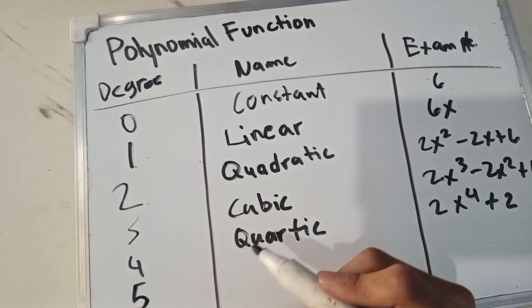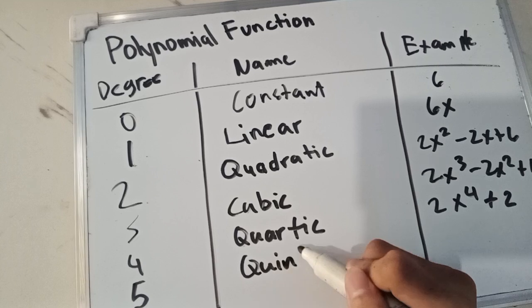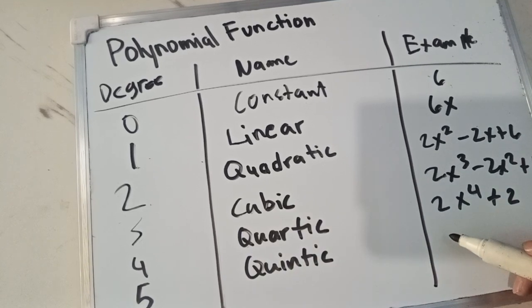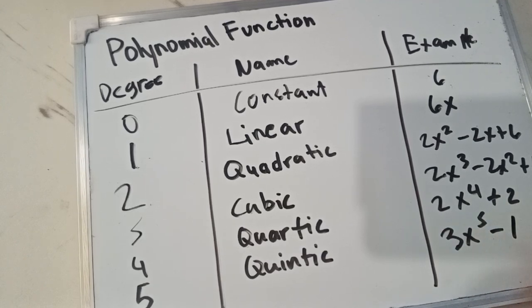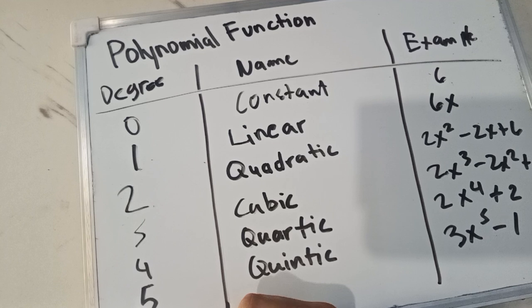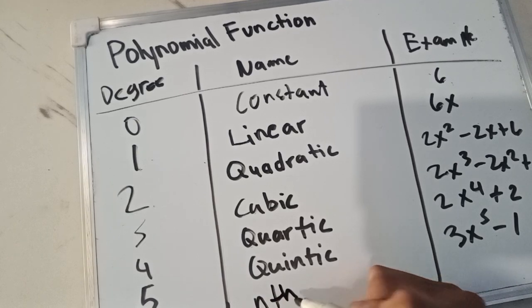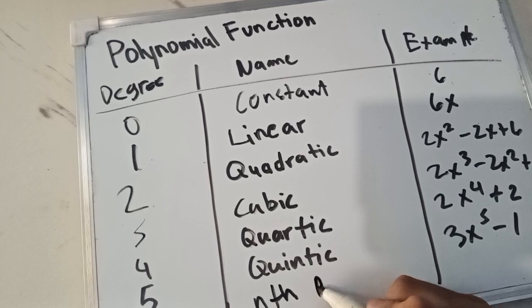With 5, that is quintic, a polynomial with highest exponent of 5. Looks like this. Now, from 6 and higher, we called it nth polynomial.